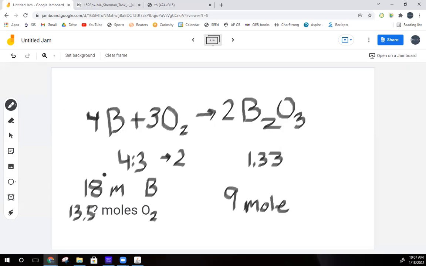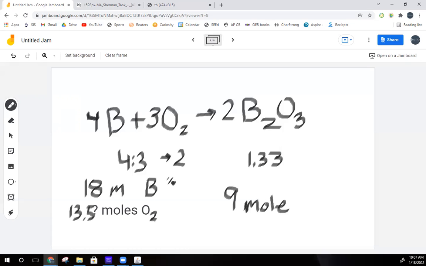So if we have 18 moles of boron, that means it's going to require 13.5 moles of oxygen, because we take 18 and we divide it by our mole ratio, or ratio factor.